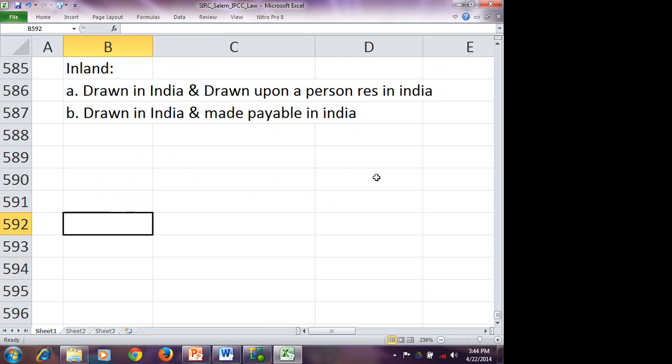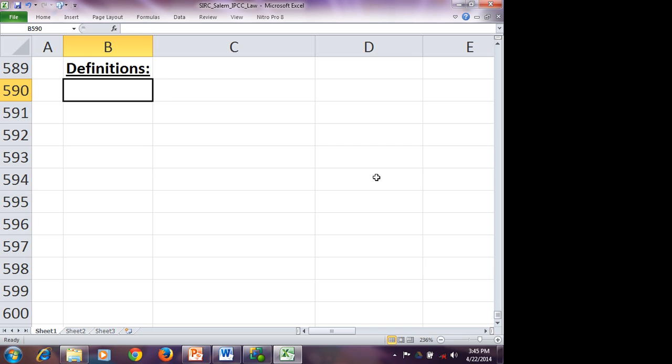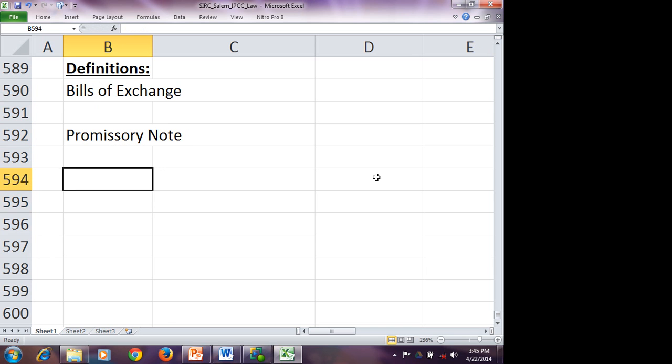The next segment of the analysis on exploring the NI Act is, quickly, the next important area to concentrate on: bills of exchange. Definition of bills of exchange, promissory note, check.